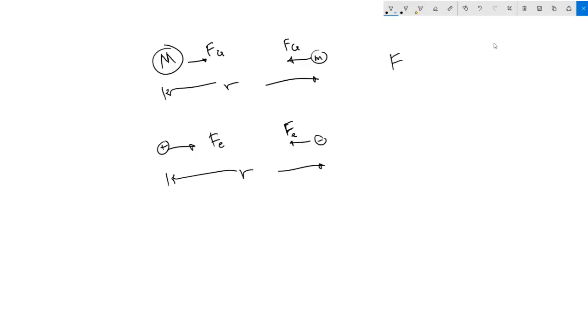since the force is G M m over r squared, what you get is that the potential energy becomes G M m over r. And then the gravitational field becomes G big M over r squared.